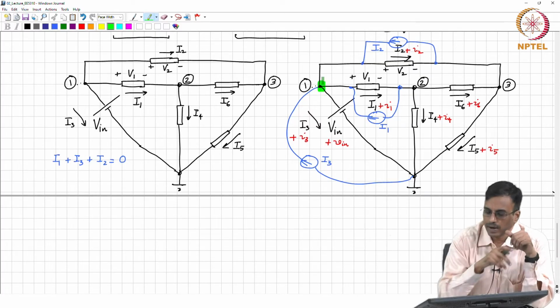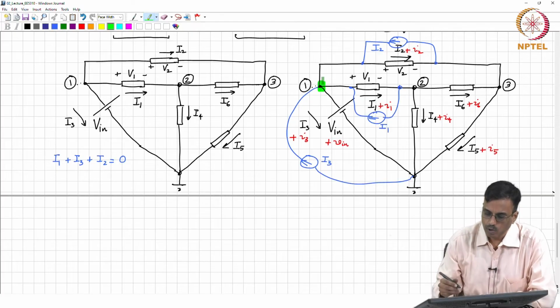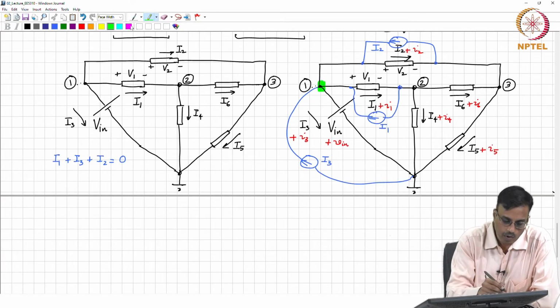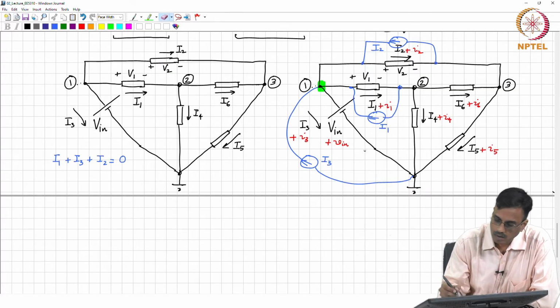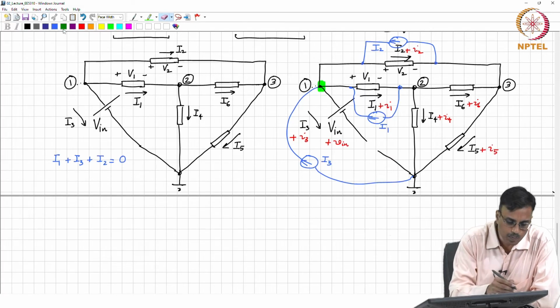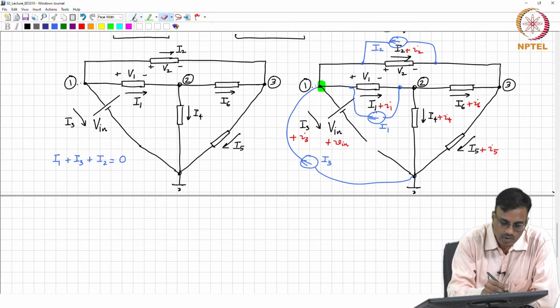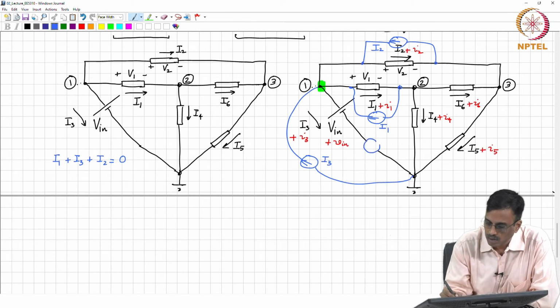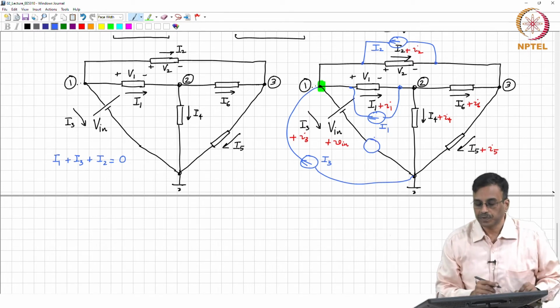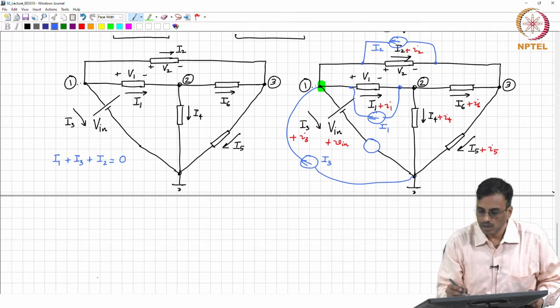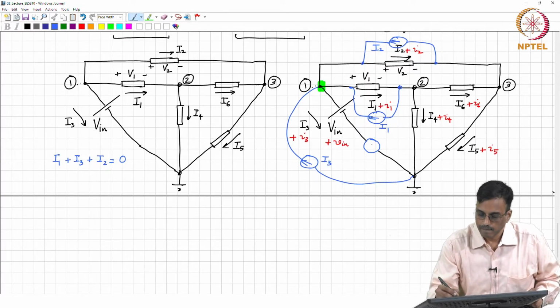Okay. All right. Now, by the same token, what I am going to do is introduce in each branch a voltage which is in the opposite direction as the original. Okay.